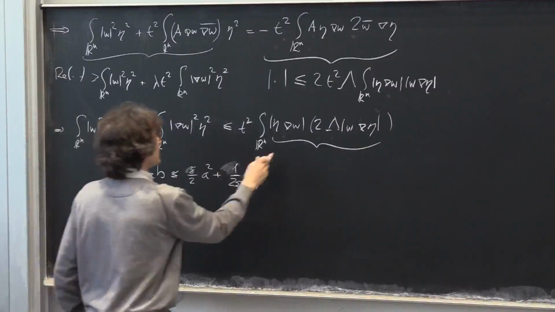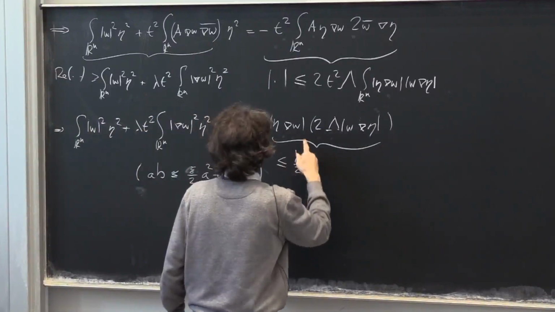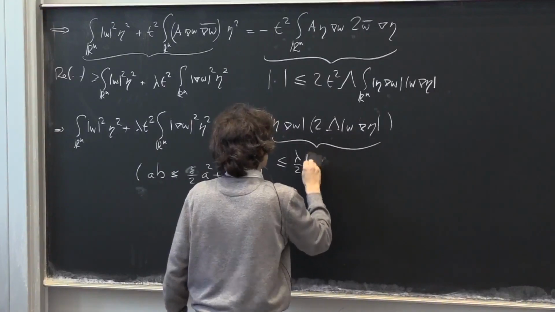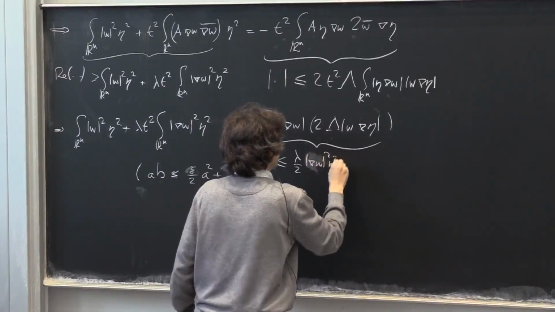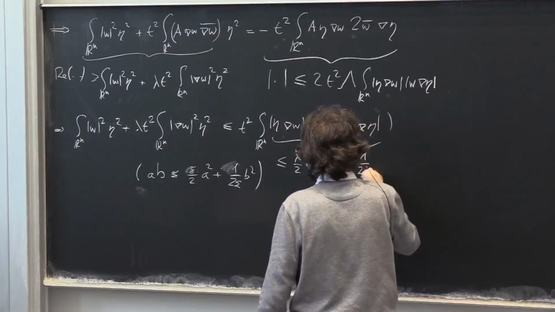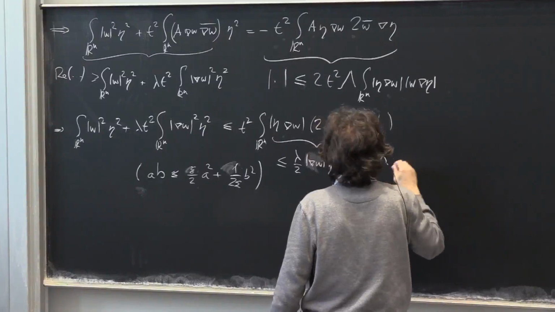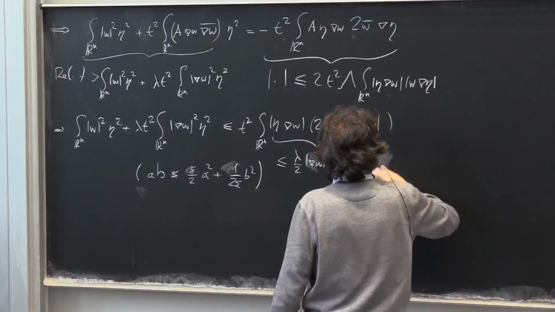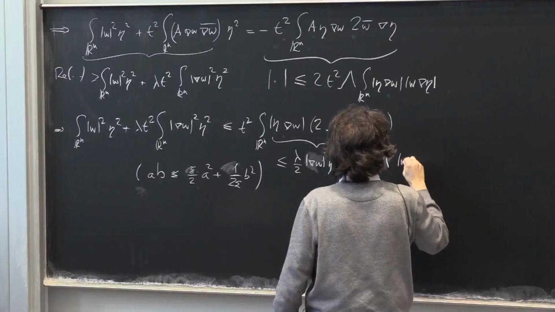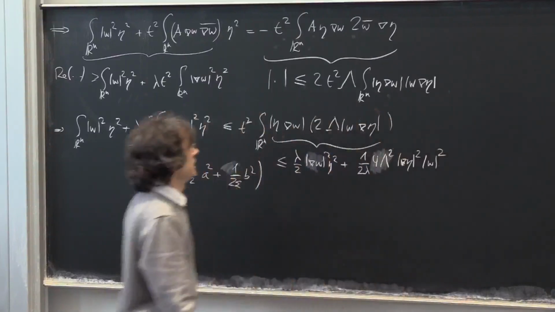So if you do this here with epsilon equal lambda, this is bounded by lambda over 2 times eta gradient of w squared eta squared plus 1 over 2 lambda. Okay, we have the 2 capital lambda squared, so 4 capital lambda squared modulus of gradient eta squared modulus of w squared.